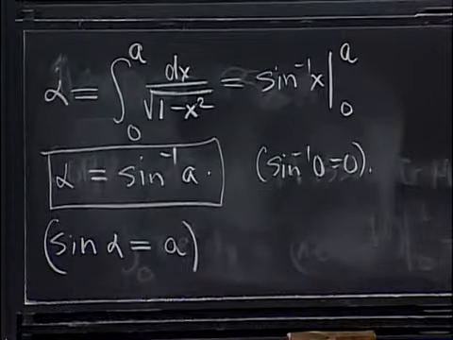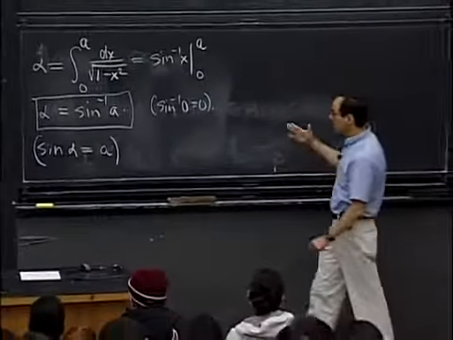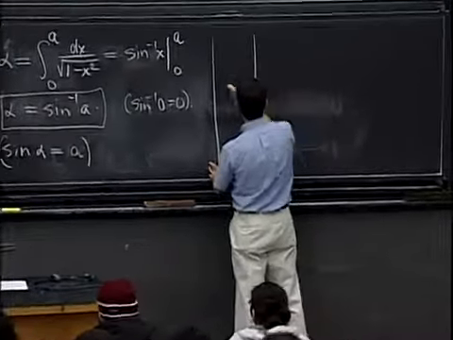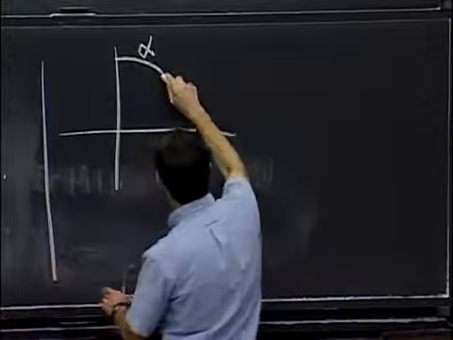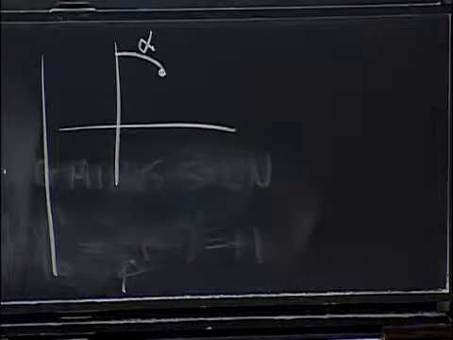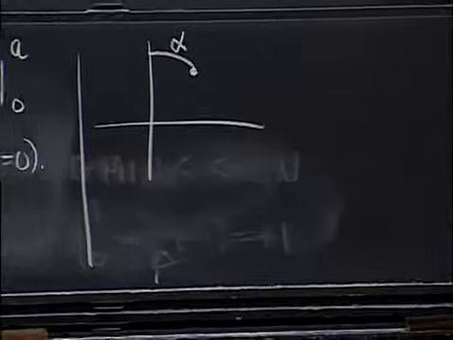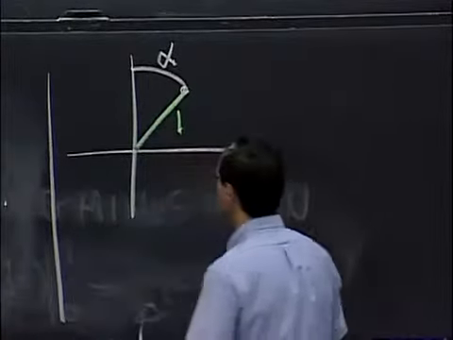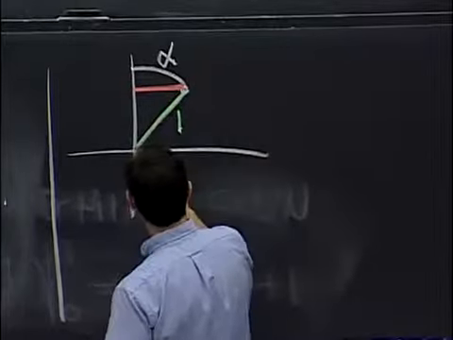What's going on here is something a little deeper than it looks. We've just figured out a geometric interpretation of what's going on. We went a distance alpha along this arc. Now remember that the radius is 1, and this horizontal distance here is a.